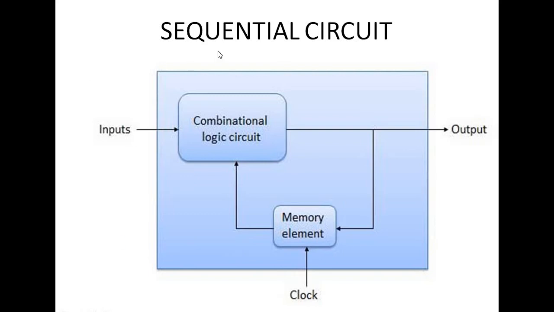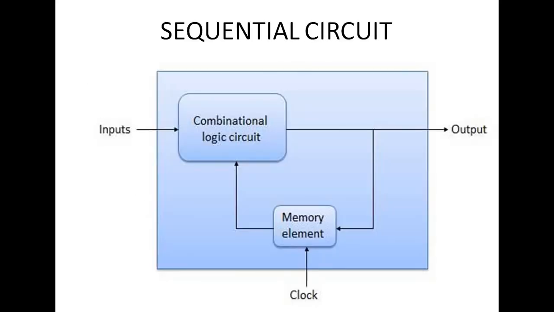That means a sequential circuit is equal to a combinational circuit plus a memory element. If I add a memory element to a combinational circuit, that circuit becomes a sequential circuit.